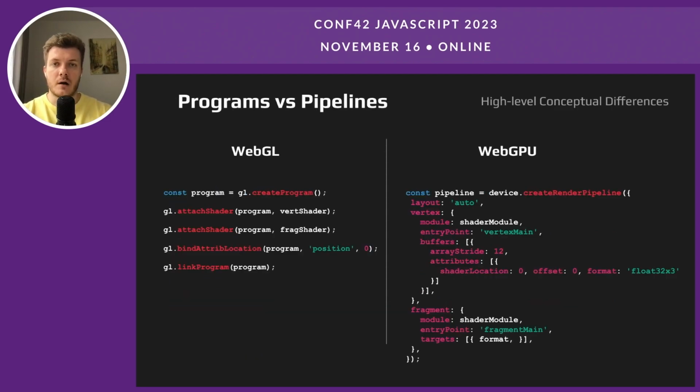WebGL and WebGPU are two distinct methods for managing and organizing the graphics pipeline. In WebGL, the primary emphasis is on the shader program, which combines vertex and fragment shaders to determine how vertices are transformed and how each pixel is colored. To create a program in WebGL, you need to follow simple steps.